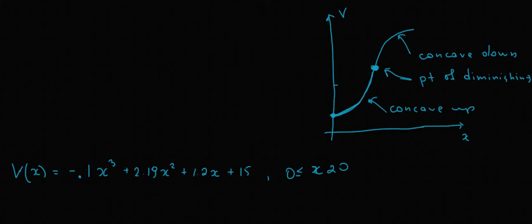So the words diminishing returns refer not to the fact that the sales will begin to decline at that point, but rather to the fact that the rate at which the sales grow will begin to decline at that point.